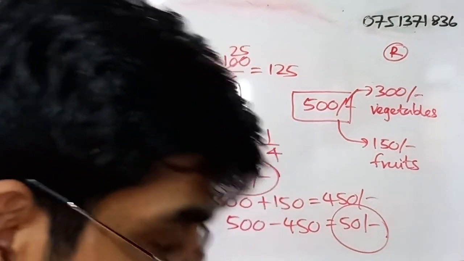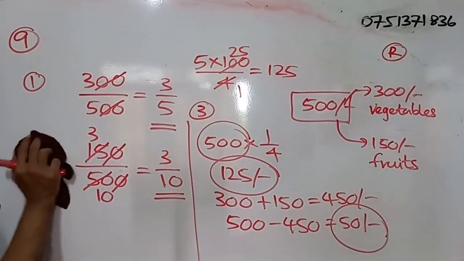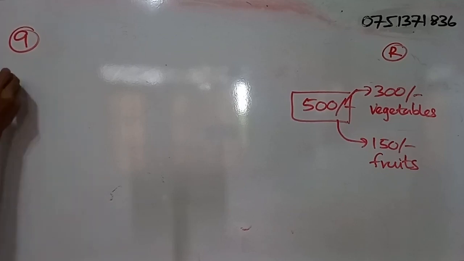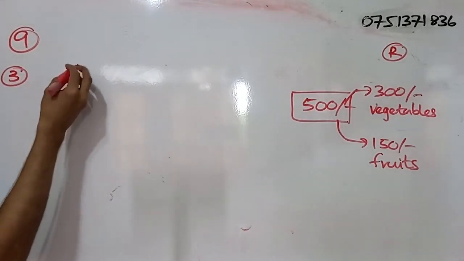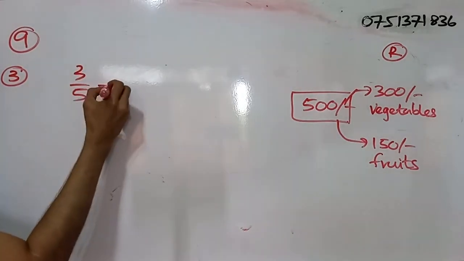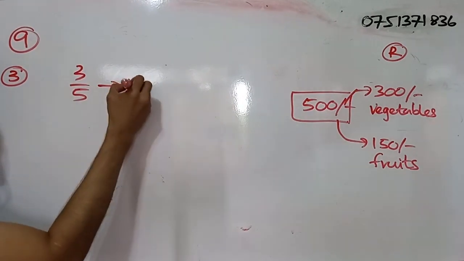Right. So when we think about the third part of this question, there's another way of coming up with the answer. So this is part 3. So there's another method. Right. So we know that she spent 3/5 of the money that she took to the market for what?